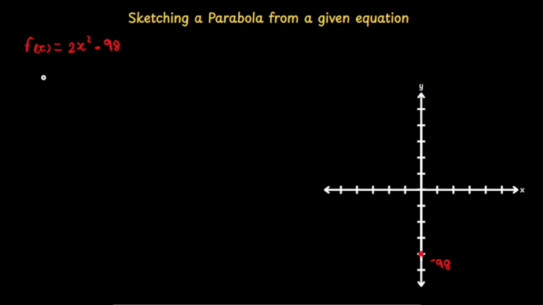So I'm going to let y equal to 0, so 0 would equal 2x squared minus 98. Transposing, I would get positive 98 is equal to 2x squared.